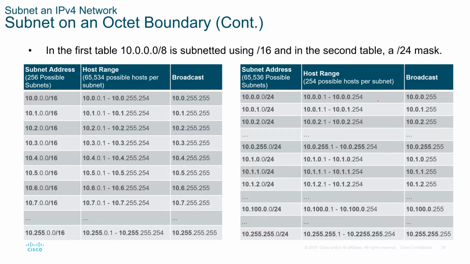And we would end up, because between the second and third octets there are 16 bits, with 65,536 possible subnets. The last subnet is normally not used because the broadcast for that is the broadcast for the entire group.